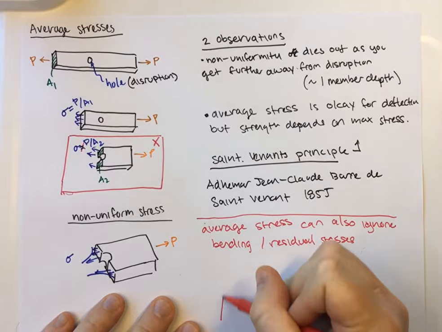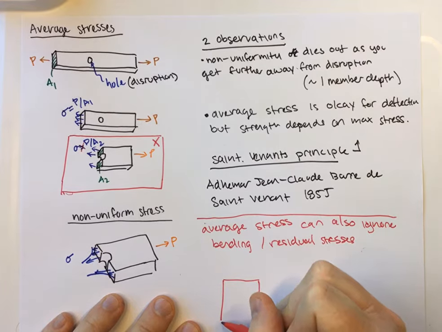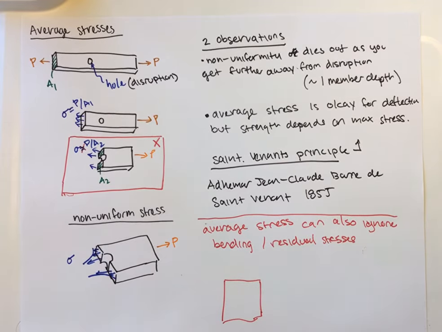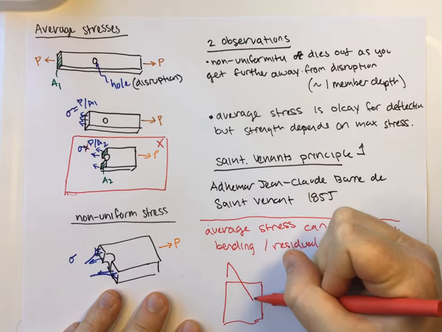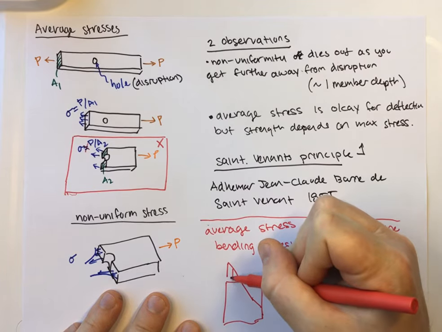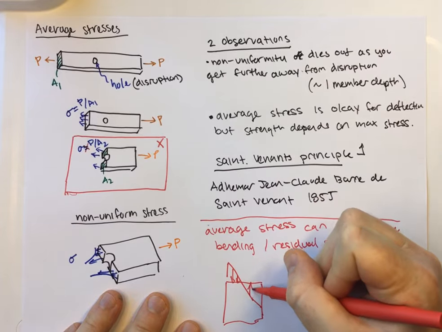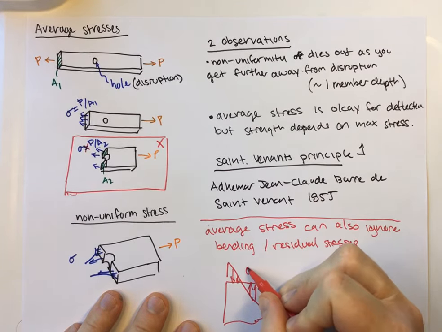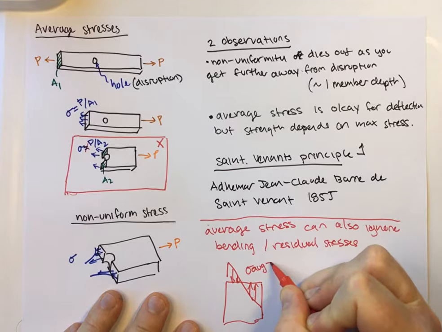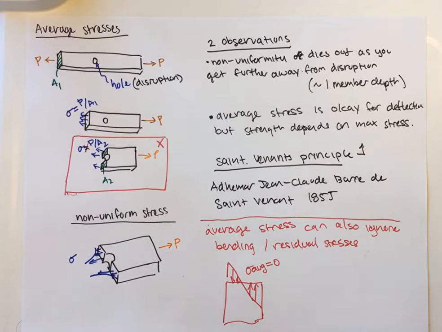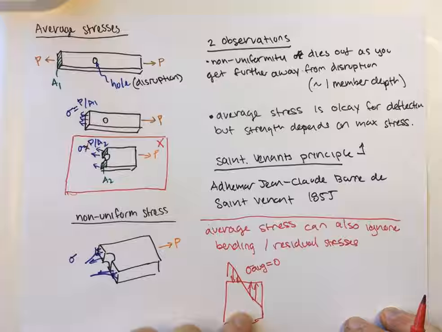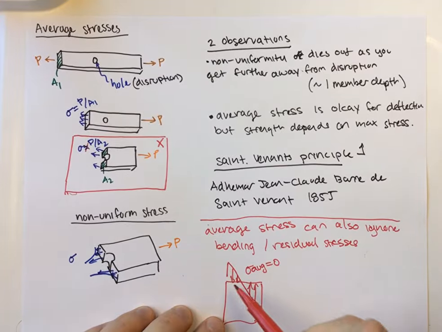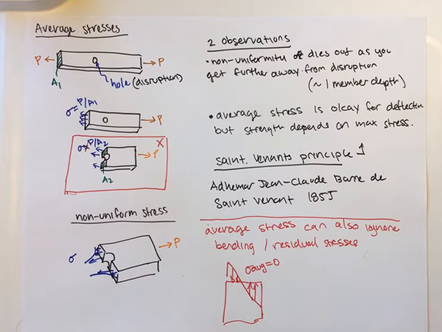So if we have a nondescript member here, and we apply stresses that look like this, so here would be some compression, this would be some tension. The sigma average would actually be 0. So in our just 1D sense, there would be no stress that would be acting on that member. But as you can see, we have tension, we have compression, we have a potential for failure.